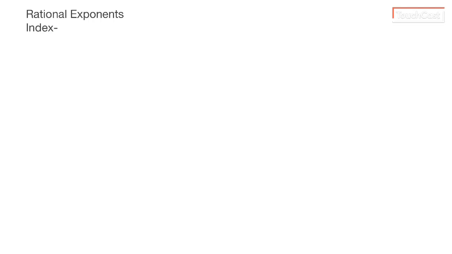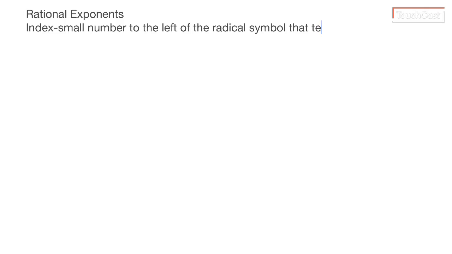which is the small number to the left of the radical symbol that tells us which root to take.